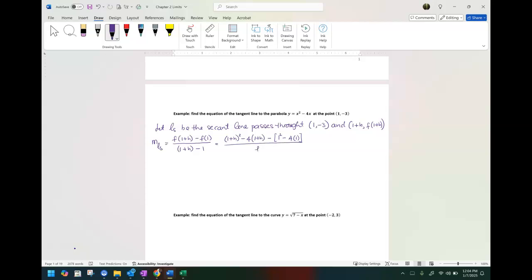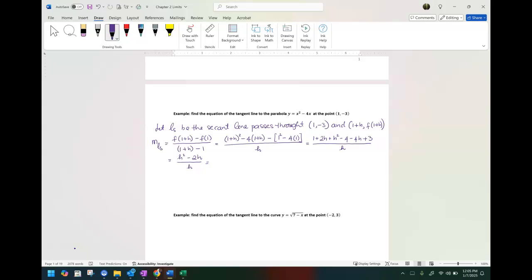Simplify the denominator, it equals h. The numerator equals 1 plus 2h plus h squared minus 4 minus 4h plus 3, divided by h. Simplify this, we get h squared minus 2h divided by h.